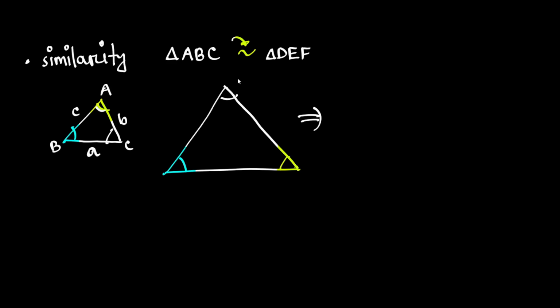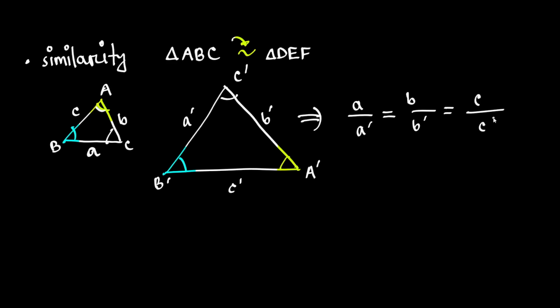Let's say this is our C dash, this is our A dash, this is our B dash, and the sides are a dash, b dash, c dash. So they are proportionate: a by a dash is equal to b by b dash is equal to c by c dash. That is what we mean by similarity.